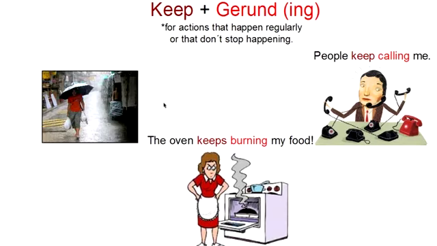The weather. So I could say, "It keeps raining until dry season." So again, it's talking about something that happens all the time, regularly. The rain does not stop, right? It keeps raining until the dry season. So again, we're using keep plus a gerund to describe things that happen regularly or things that don't stop happening.